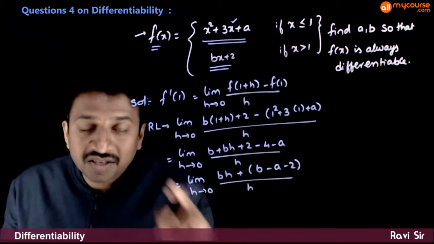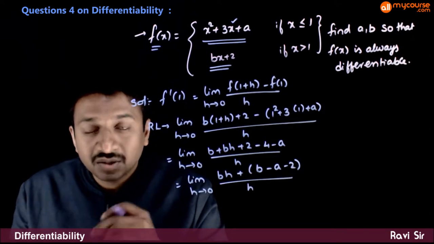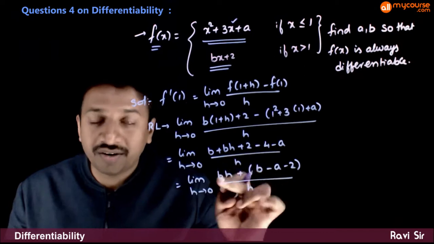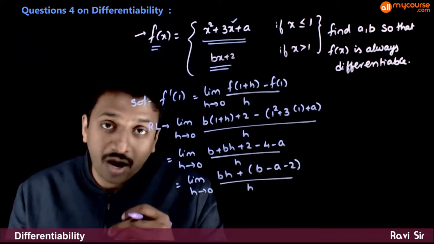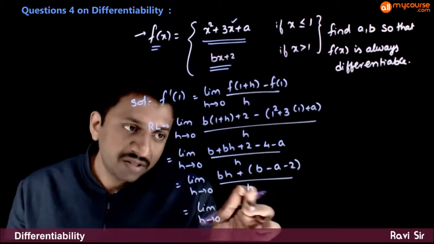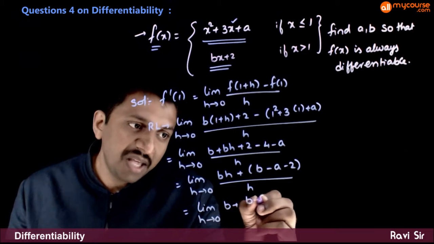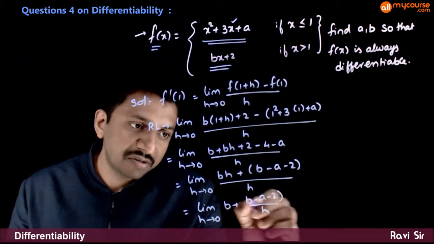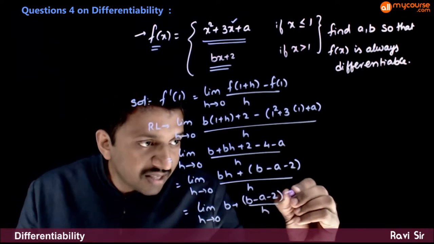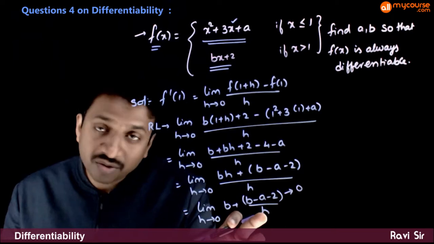So when h tends to 0, only the least power of h matters in the numerator and denominator. Or you can directly separate these two, so you get b plus (b minus a minus 2) by h. So if this limit has to be defined, this number has to be equal to 0 because the denominator is going to 0.